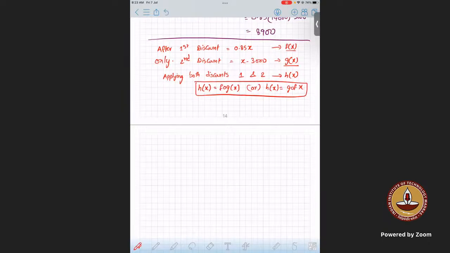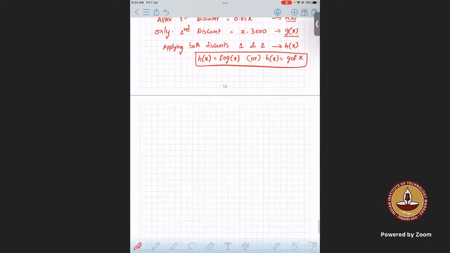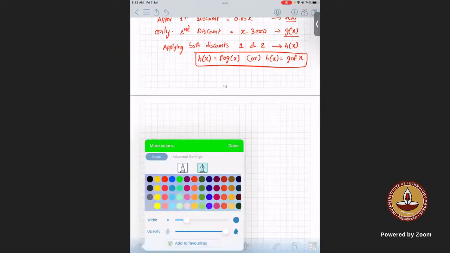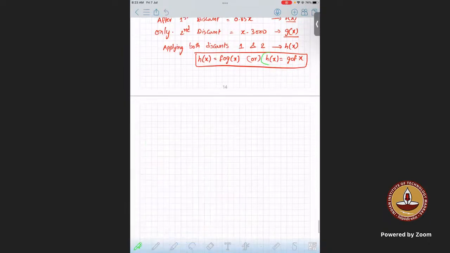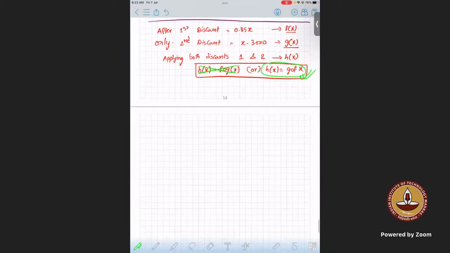Many people are checking. g of f of x. This is correct. Why?